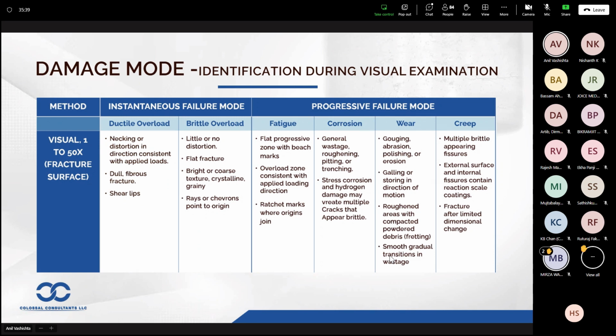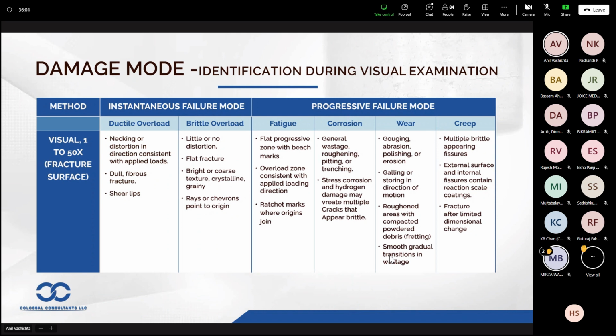For ductile overload, you see necking, dull fibrous fracture or shear lips. For corrosion, you see general wastage, roughening, pitting, or trenching. Stress corrosion and hydrogen damage may create multiple cracks that appear brittle. For fatigue, you can see beach marks on the surface, progressive beach marks.